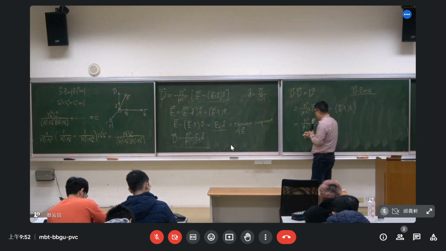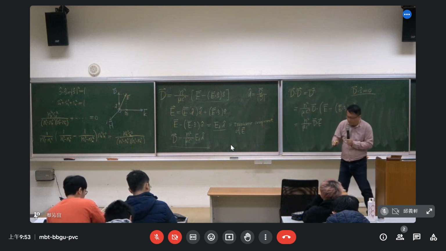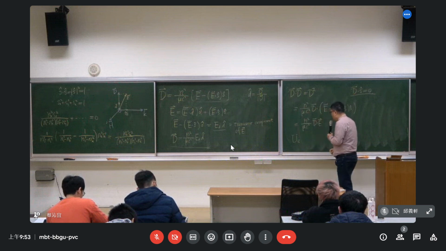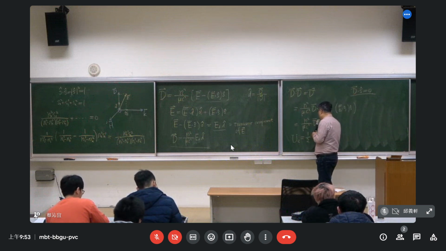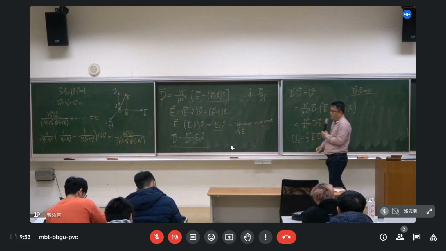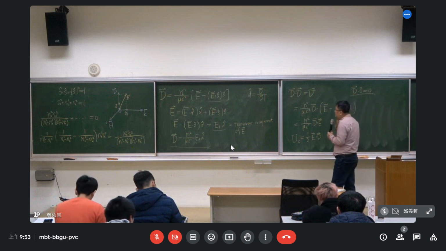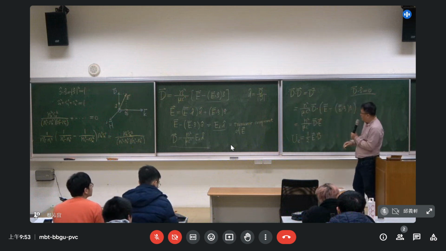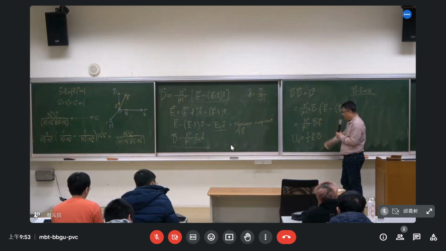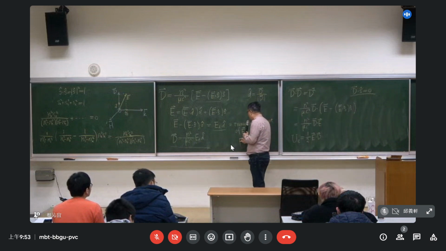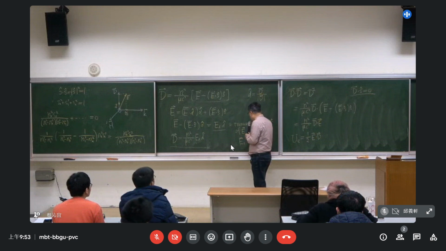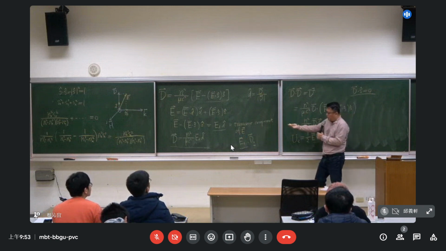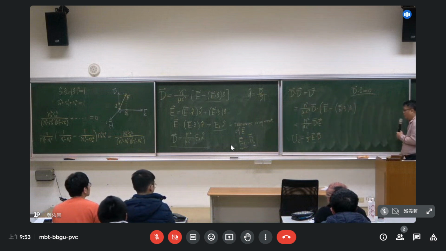Remember what D dot E means. We have learned in chapter 1 that the energy density U_E is equal to 1/2 E dot D. Here I use the real part expression, not the complex expression. This means that the E or D here you can treat as E0, D0, the coefficients of the E vector and D vector.